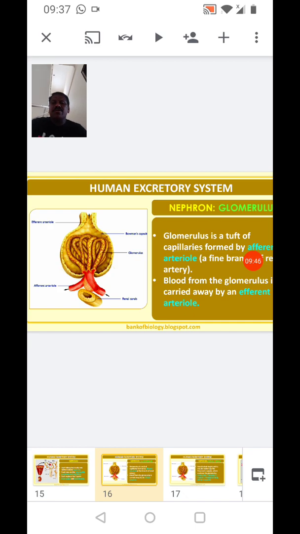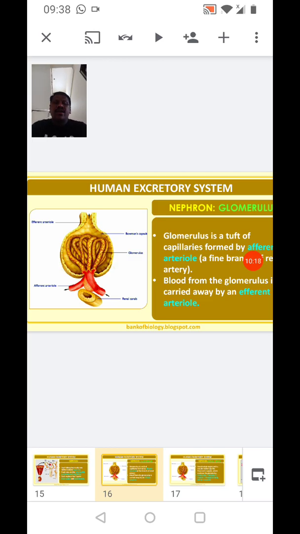What is the glomerulus? The glomerulus is a tuft of blood capillaries which are formed from the afferent renal arteriole. And this tuft of glomerulus is surrounded by a double layered cup-like structure which is known as the Bowman's capsule. Okay, Bowman's capsule and glomerulus together are known as the renal capsule or Malpighian capsule.